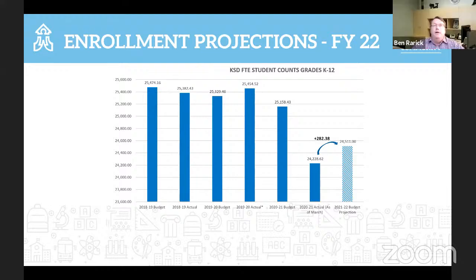A little bit. Obviously I'll defer to the Human Resources Department when they're going to roll out their actual staffing, but if you want, I can. Oh, go ahead.